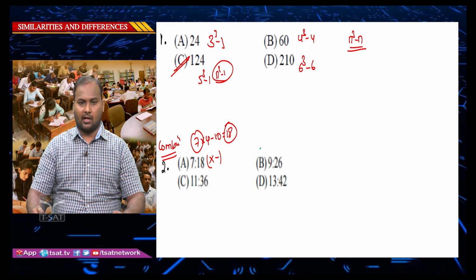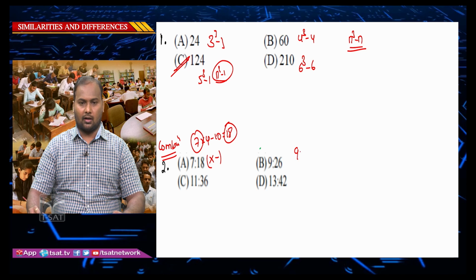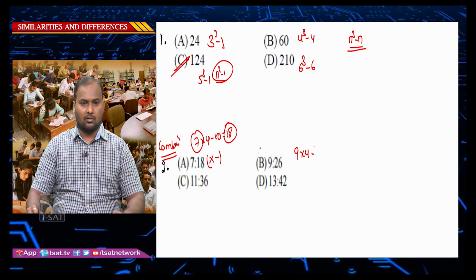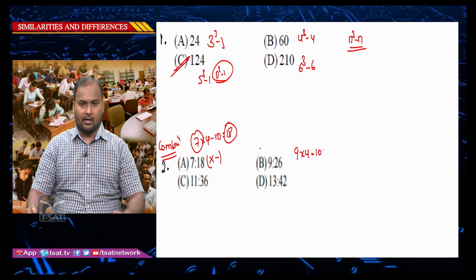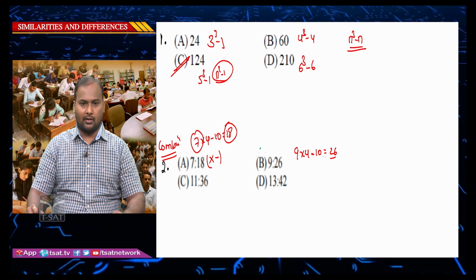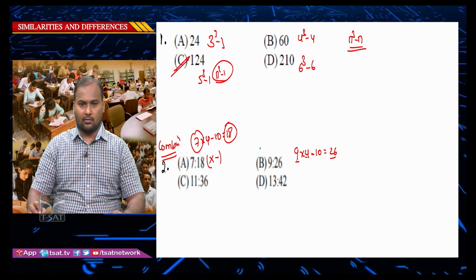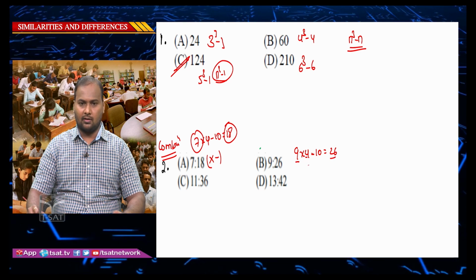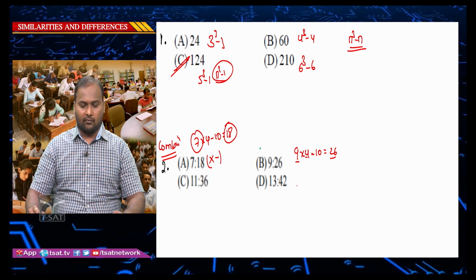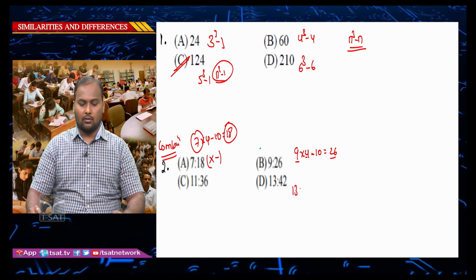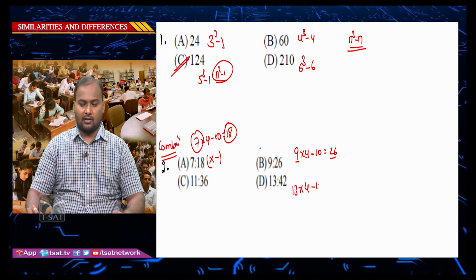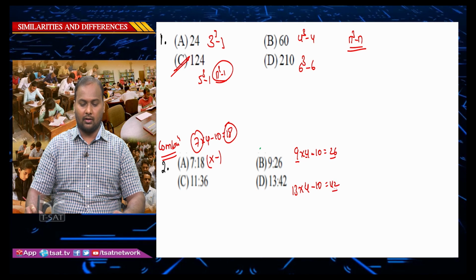In the same way you see 9 and 26. I can write like 9 four times is 36 minus 10. Then you are going to get 26. Then also here the combination is multiplication and subtraction. In the same way, here also 13 four times minus 10 is equal to 42.